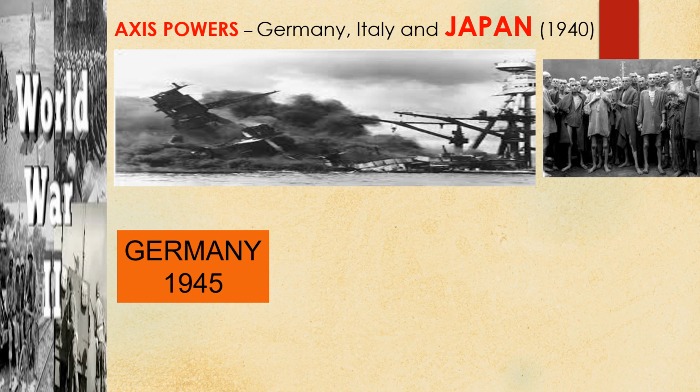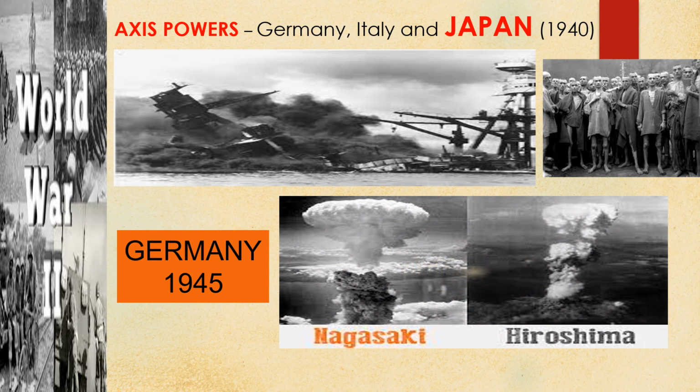Kanang concentration camp is gisulod sila sa isa ka kwarto, gikulong sila didto, and then gibubuan og mga asido and all nga mga chemicals nga para mamatay sila. And there are a lot of people nga nangamatay during the reign of Adolf Hitler. That is why Adolf Hitler is known to be a harsh ruler.